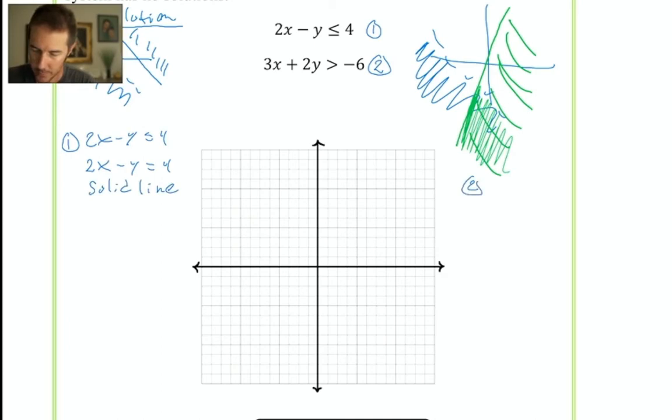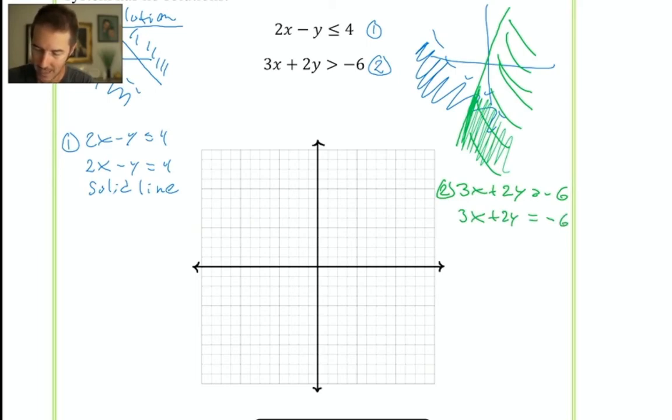Inequality number 2, 3x plus 2y is greater than negative 6. Let's switch colors. Write it as an equation: 3x plus 2y is equal to negative 6.